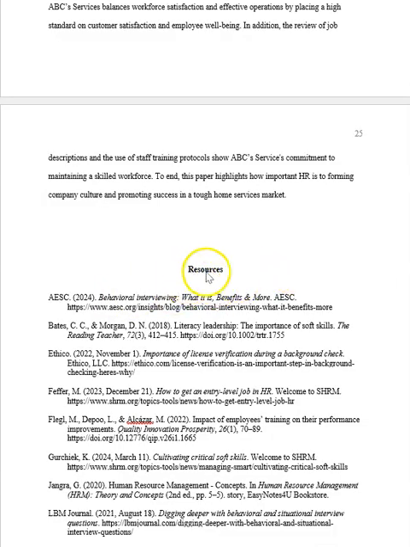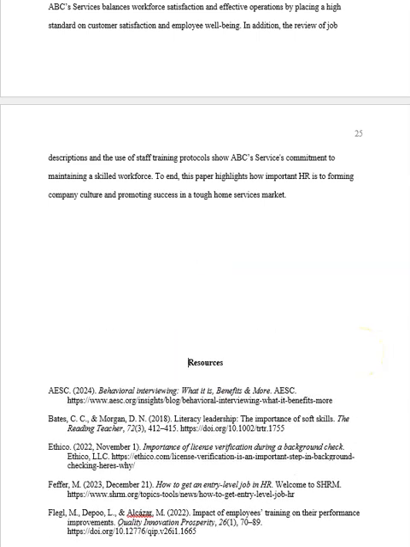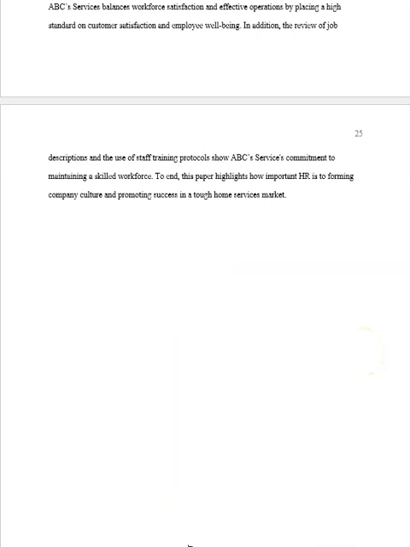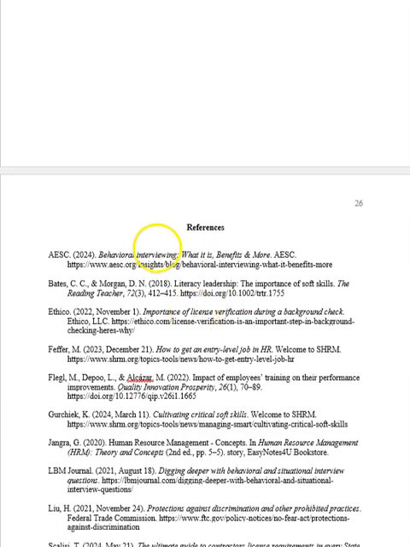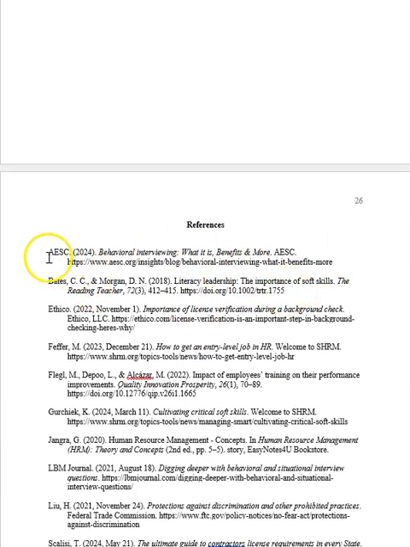So here's another error. This resources page should say references. If I were to edit this, references should be on a page of their own. So let's do it right, and it should say references. And then all of these should be double spaced, and they're not.